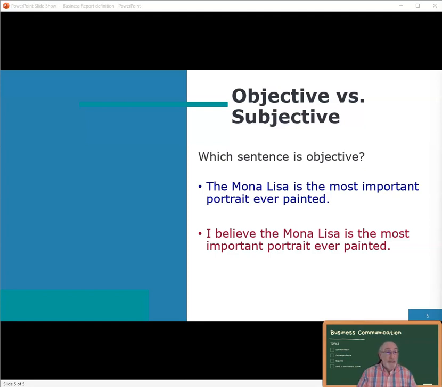So, to be objective, we first make sure we are using facts, using them correctly and honestly, and citing them. But it also means we make it sound objective by avoiding expressions such as I think, I believe, and in my opinion.